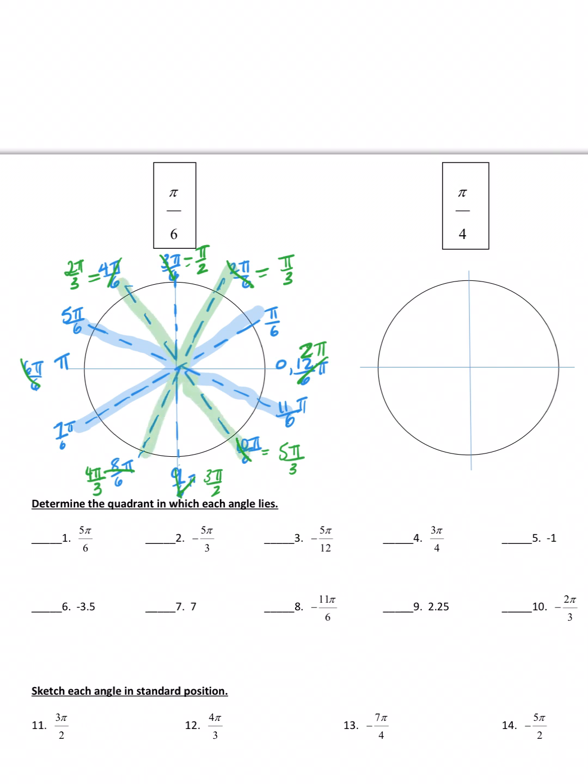So if I counted by thirds, I'd have 1/3, 2/3, 3/3, 4/3, 5/3, 6/3. Isn't that great how math made it all happen in one swoop? It's all there. And then halves, those are just your axes, right? That's just pi over 2, pi, 3 pi over 2, and there it is.